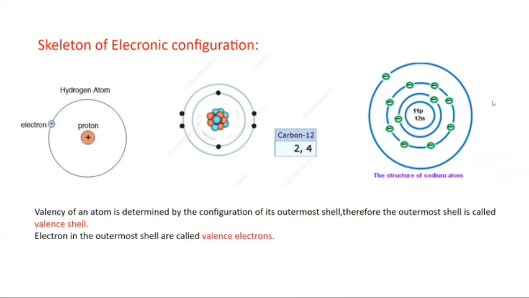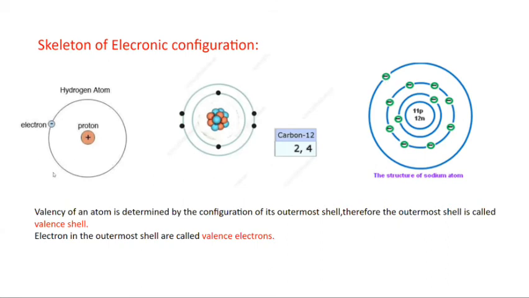Now what about the sodium atom? Which is the outer shell in this sodium atom? Here you can see this third shell is the outermost shell, and in this outermost shell it has only 1 electron. So the valency of sodium atom is 1.